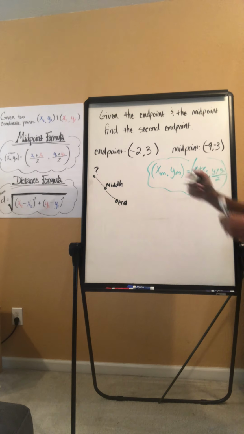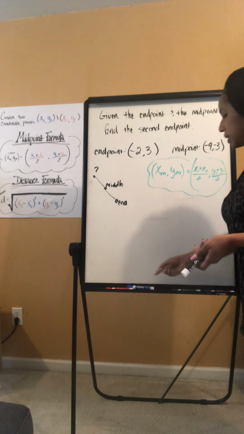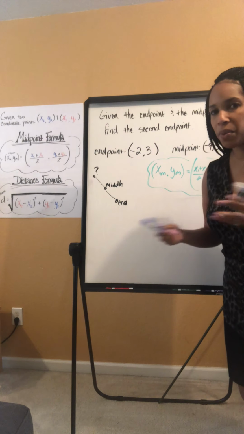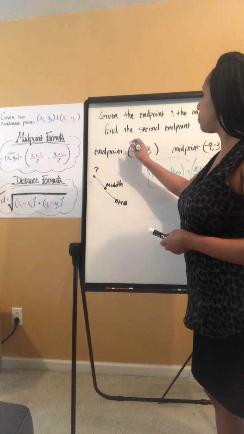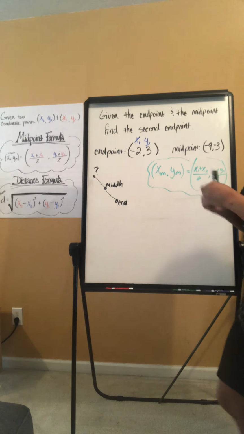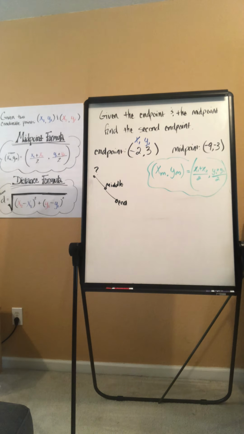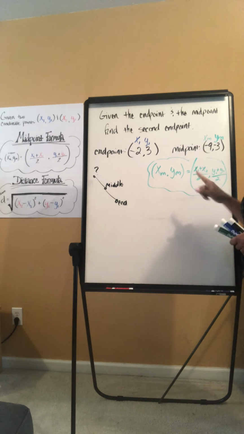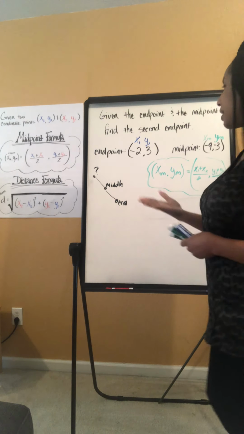Okay, so say I'm given the endpoint as my x1, y1. And my midpoint, I'm going to call that my xm, ym. What I'm looking for is the second point, the x2, y2.